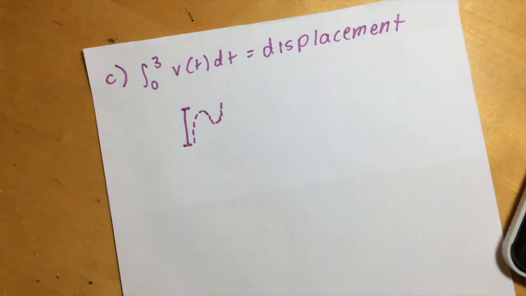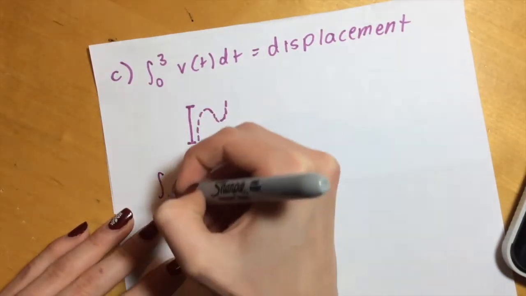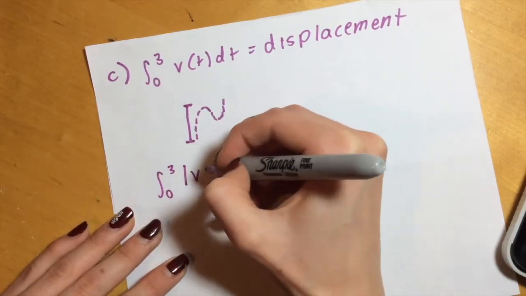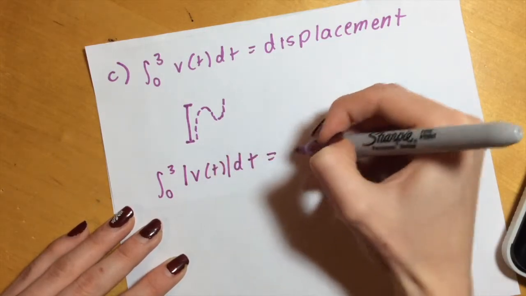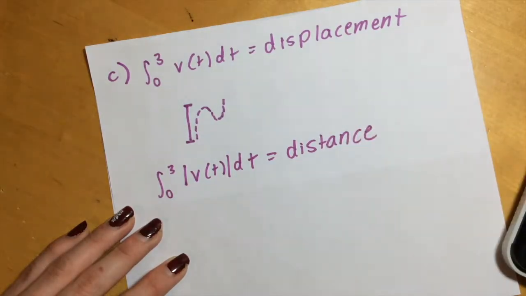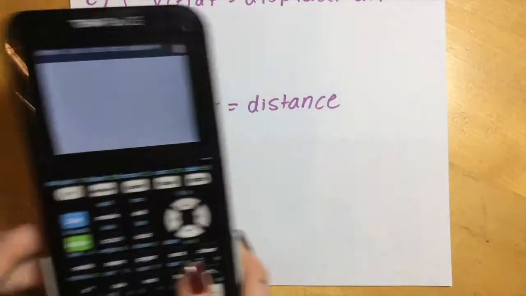So to account for these changes in directions, we need to find the integral from 0 to 3 of the absolute value of v of t dt. And that will give us the distance. So now we need to plug this equation into our calculator.